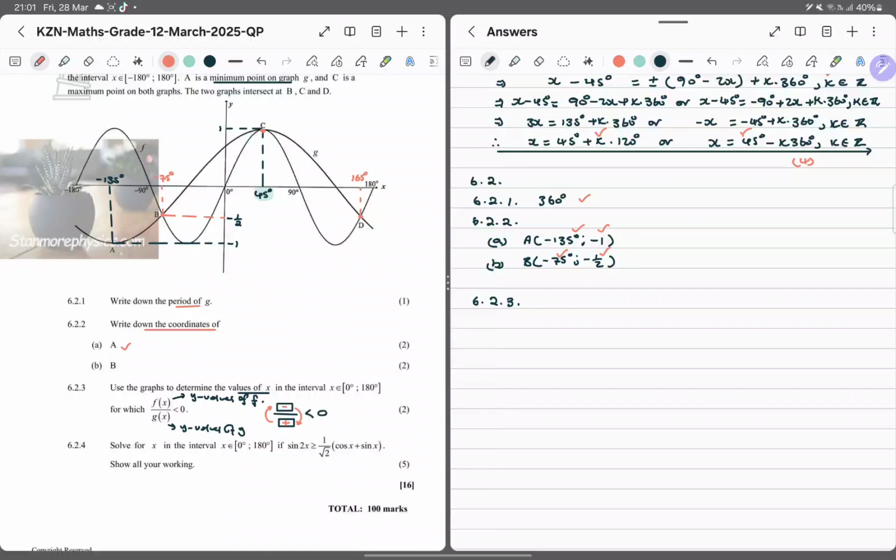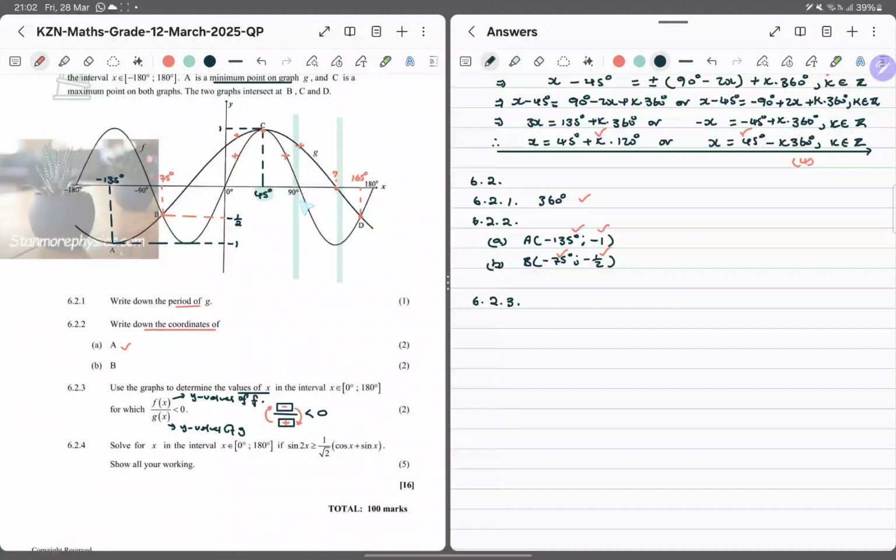Now we've been given the place to look, but now we start looking. The y values here are positive and they are positive. So positive divided by positive is positive. So this is out, and they're still positive here and positive there. Again, a positive and a positive is out. But if we focus on this interval between these two lines, we will see that we have an x-intercept here, which we don't know.